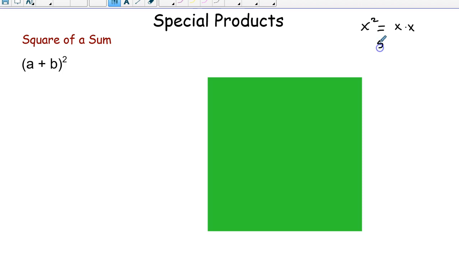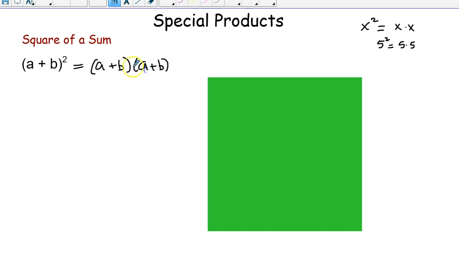Similarly, 5 square is the product of 5 with itself. 5 times 5 we write as 5 square. x times x is x square. So this (a plus b) whole square is (a plus b) times (a plus b), right?